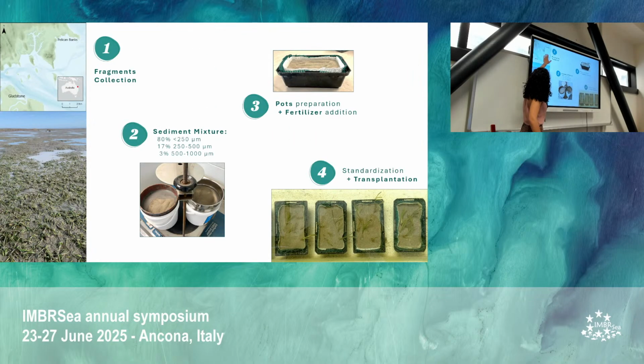I sampled here in the seagrass meadow randomly. Of course, they are all from the same population, but then they were completely randomized when transplanted into the pots and the fertilizers. Is there information on their clonality in that area?